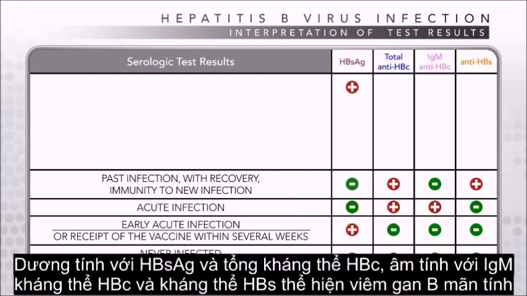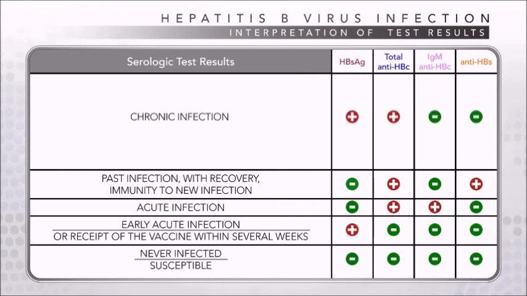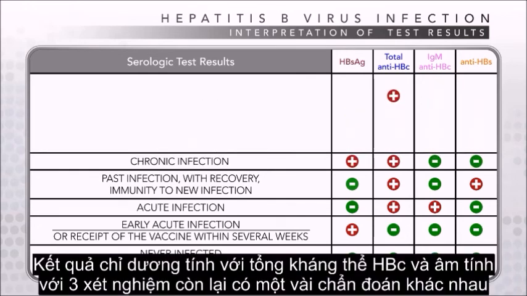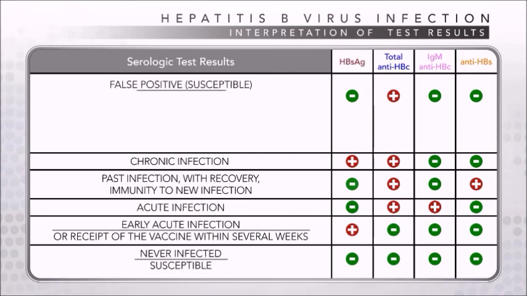Positive HBsAg and total anti-HBc with IgM anti-HBc and anti-HBs negative indicates chronic infection. Total anti-HBc positive alone, with the other 3 negative, has several possible interpretations, including a false positive result and therefore susceptible.